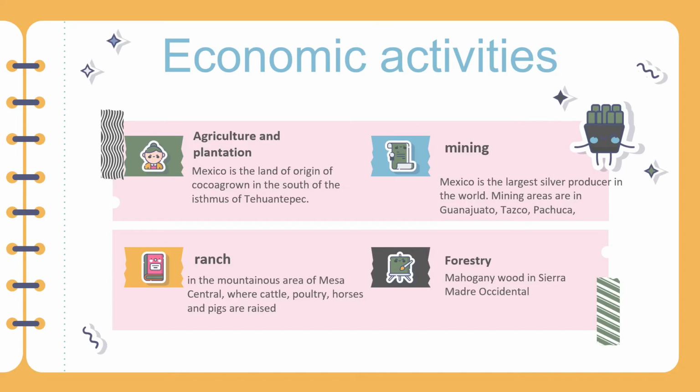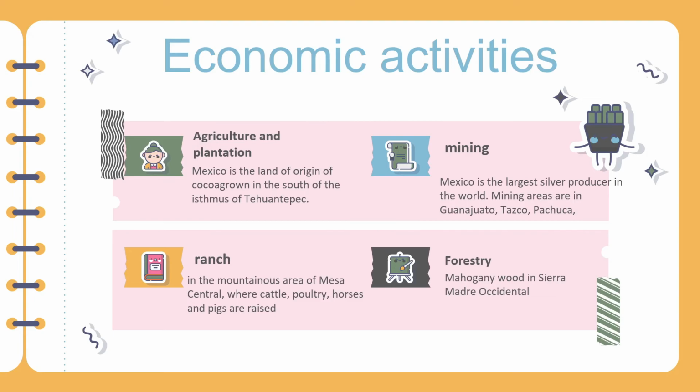Economic activities of Mexico. The first one is agriculture and plantation. Mexico is the land of origin of cocoa, grown in the south of the Isthmus of Tehuantepec. The second one is mining. Mexico is the largest silver producer in the world. Mining areas are in Guanajuato, Taxco, and Pachuca. Next, ranching.